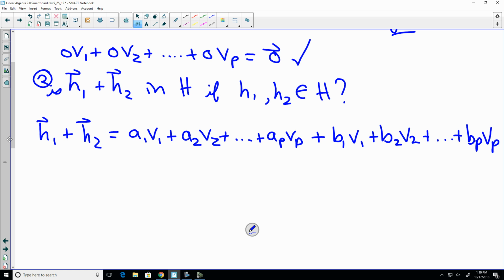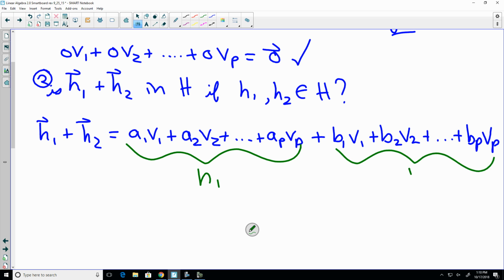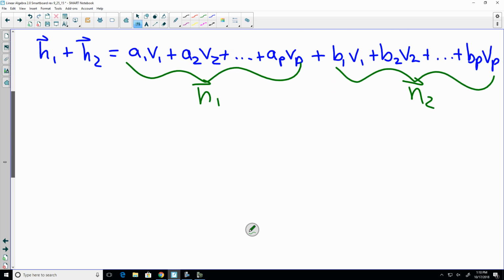All those V's are vectors. This is H1, this is H2. Because they're both in H, they have to be linear combinations of the vectors V1 to Vp. Do we agree with that?